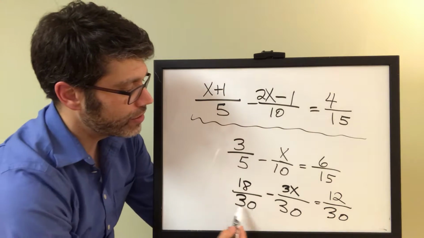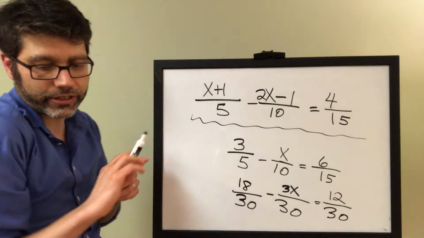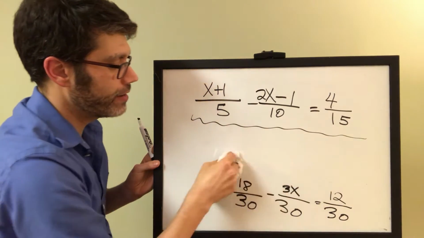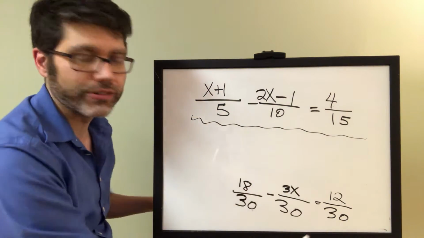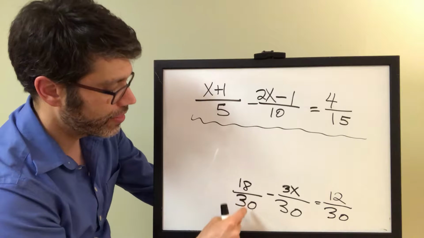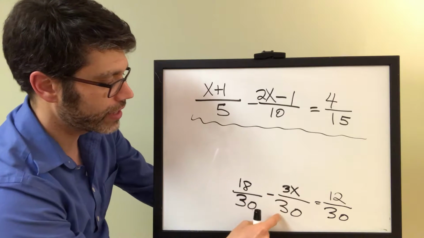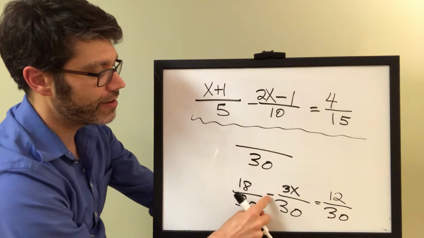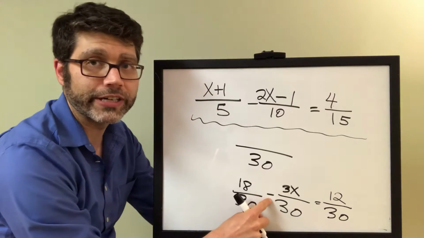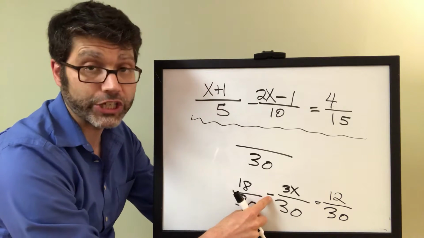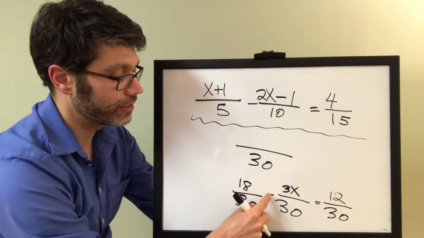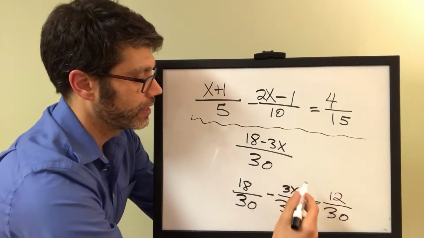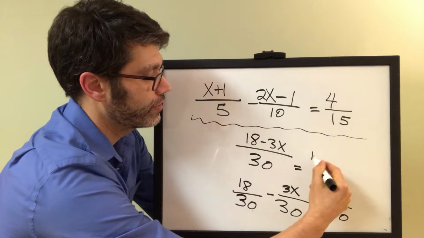Now do you see that we have common denominators here? So now that we have common denominators, we can work with these fractions. 18/30 minus 3x/30. Since the denominators are the same, we keep the denominator and do whatever the operation is. If this was an addition, we would add 18 and 3x. Since this is a subtraction sign, we subtract 18 minus 3x. And then we leave 12 over 30.